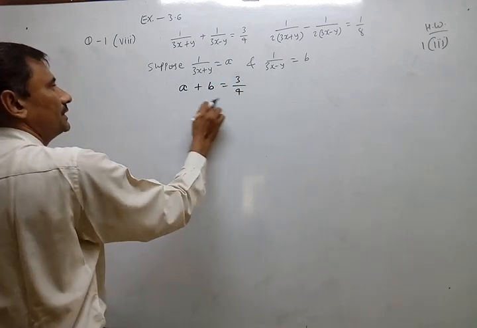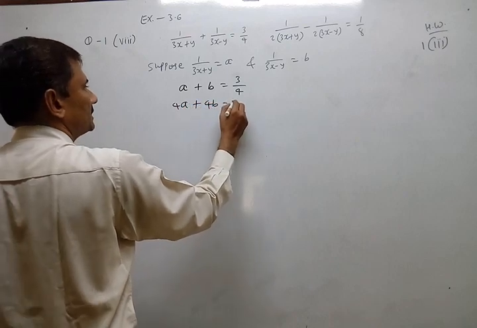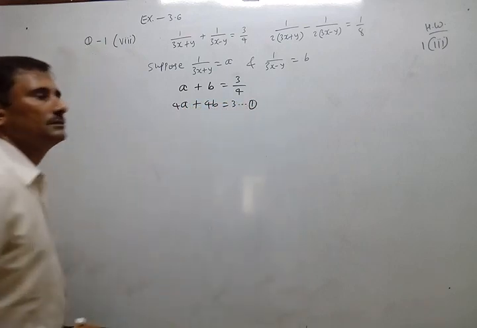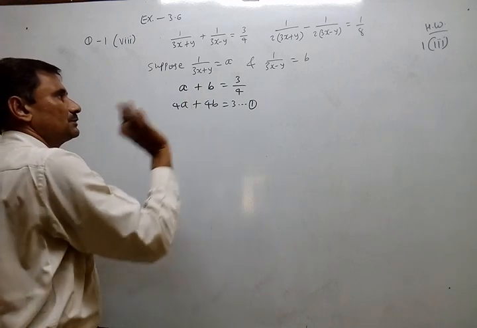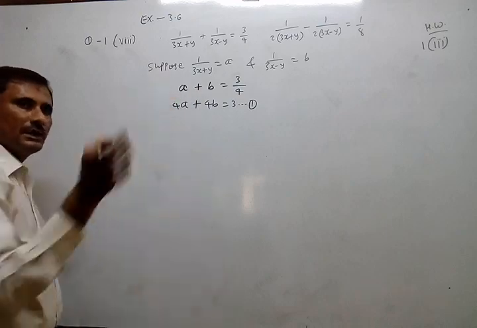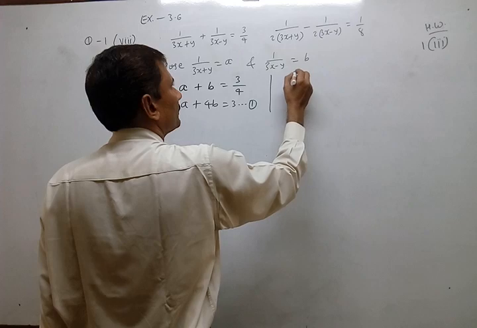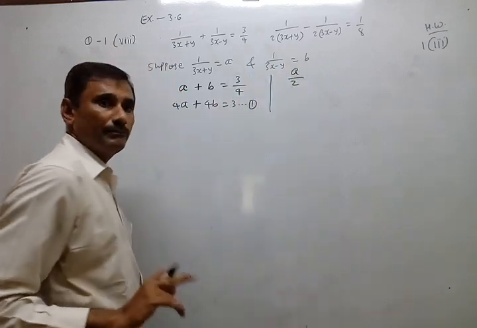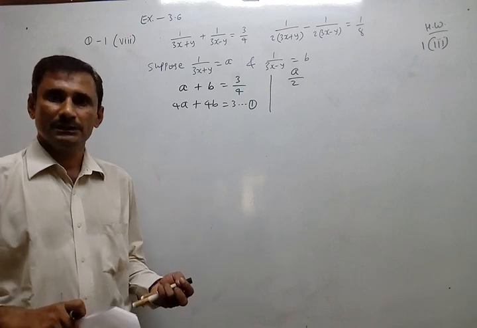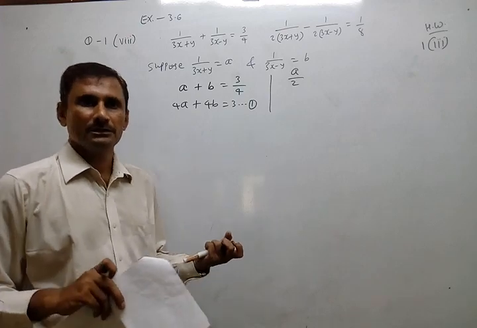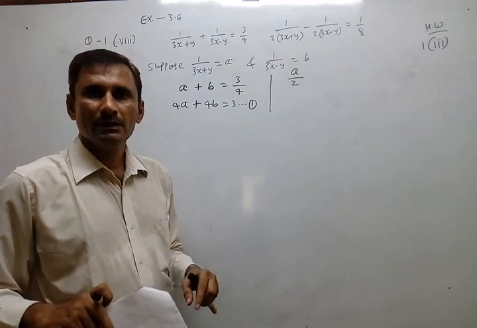Now just shift 4 here, so it will multiply both terms. So this is our first equation. Okay, 4 is shifted here, so 4a plus 4b becomes; otherwise, the whole equation is multiplied by 4. Now look here: a upon 2, don't write 2a. Many students make a common mistake. I don't understand what they misinterpret here. Actually 2 is in the denominator, so how does it become 2a?